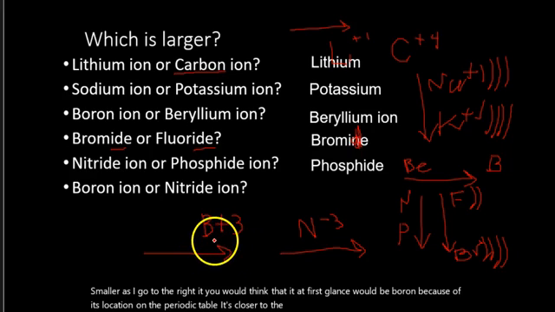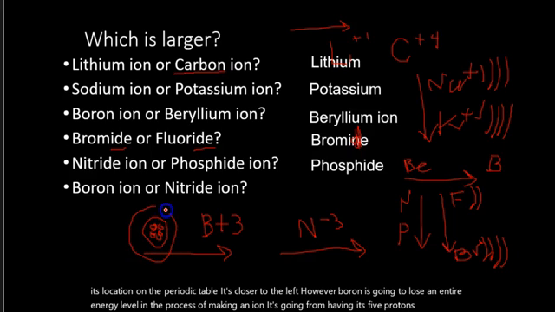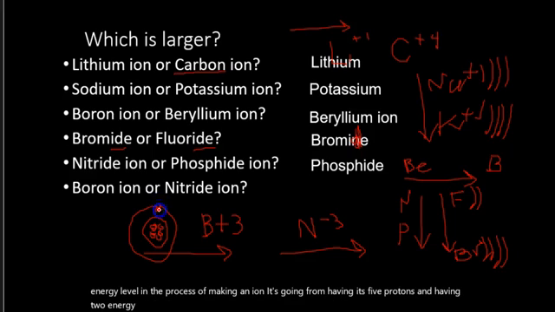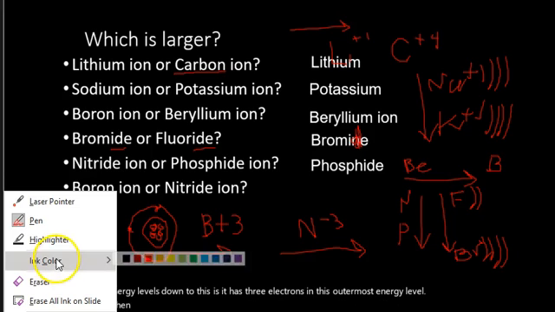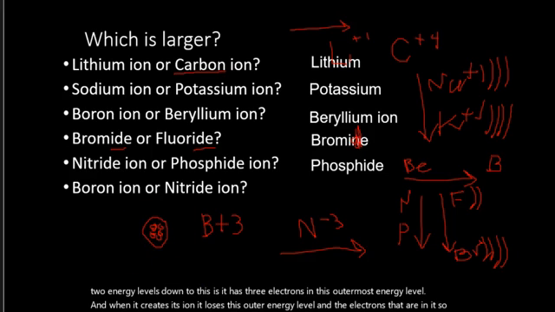However, boron is going to lose an entire energy level in the process of making an ion. It's going from having its 5 protons and 2 energy levels, with 3 electrons in the outermost energy level, and when it creates its ion, it loses this outer energy level and the electrons in it. So it's going to look like this.